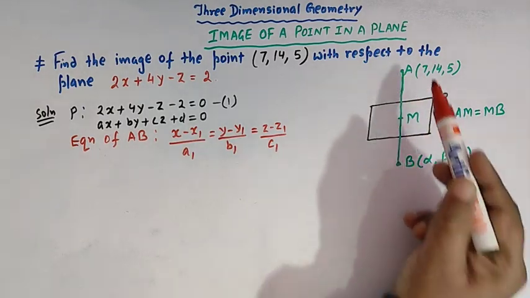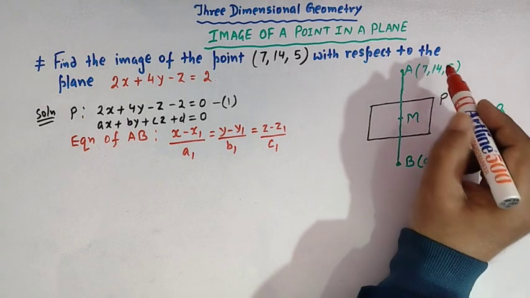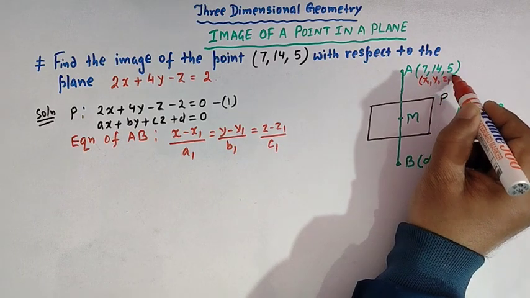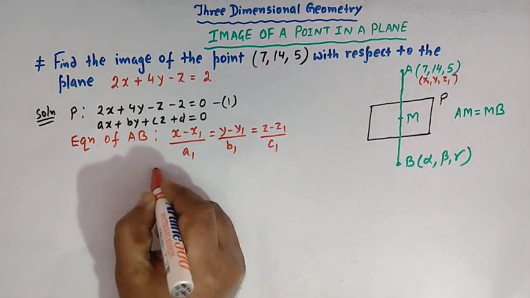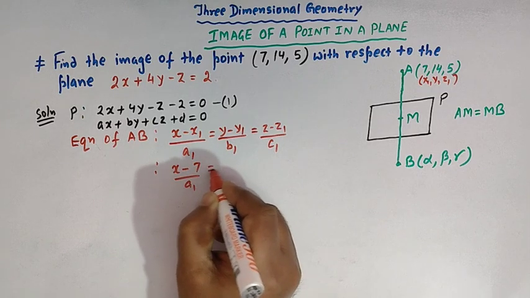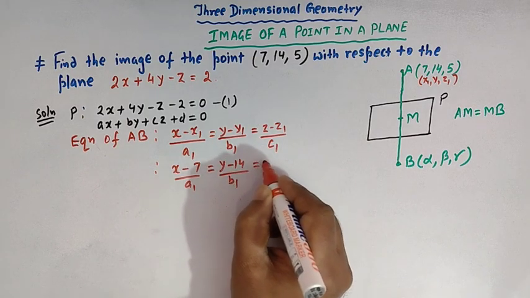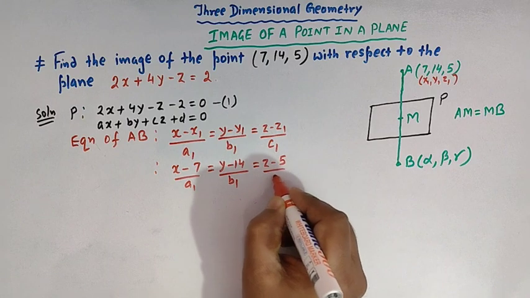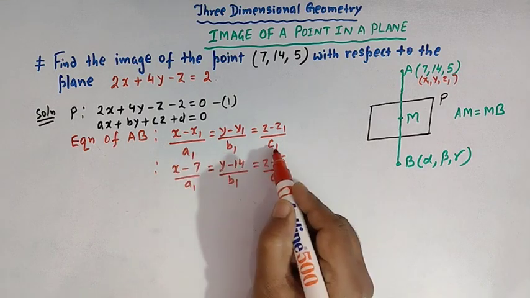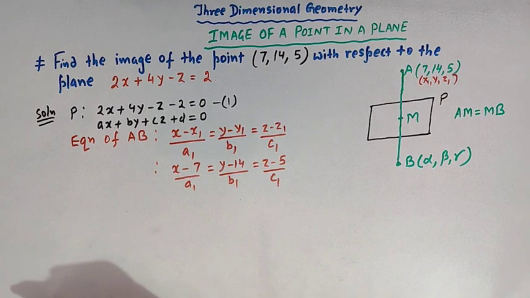This line AB passes through the point (7, 14, 5), so we can take this point as (x1, y1, z1). So we can now write (x - 7)/A1 = (y - 14)/B1 = (z - 5)/C1. Here A1, B1 and C1 are the direction ratios of this line AB.